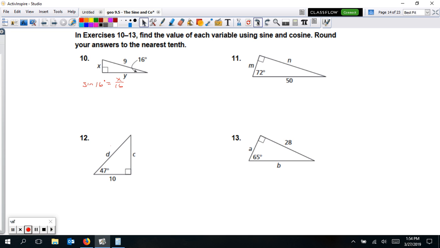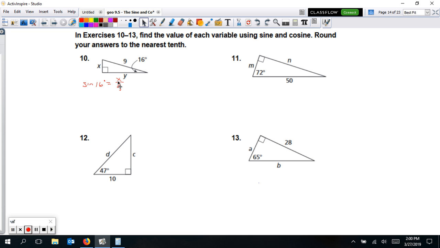So it's equal to x over, I put 16 down here. That's my mistake. I'll probably have to go back and redo this one. Okay, so yes, it should have been fixed there with x over 9. So that's what our sine should have been here, opposite over hypotenuse. And so now we want to solve the equation for x, just like we were doing those tangent ones.